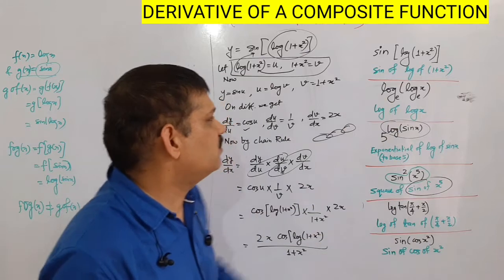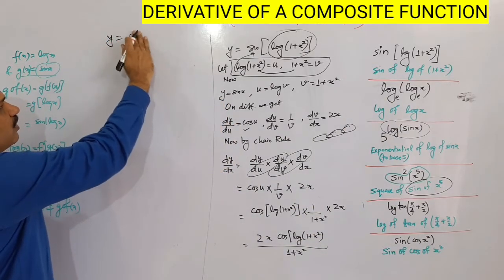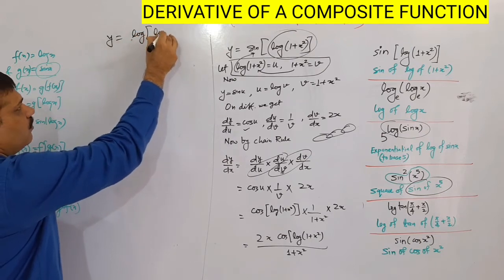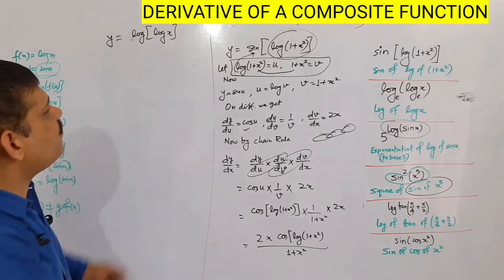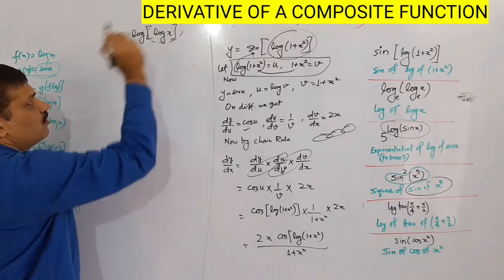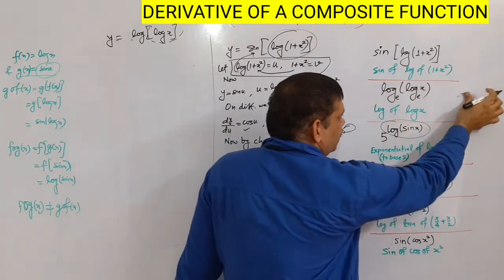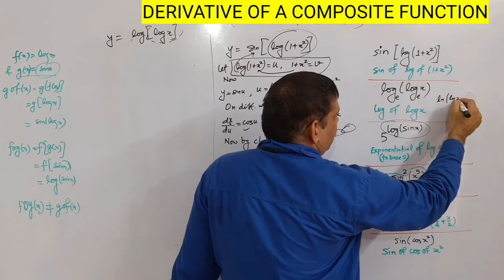Now we take this. This is very simple. y is equal to log of log x. It is read as log of some variable to the base e. It may be written as ln. In printed books you will find it ln x.